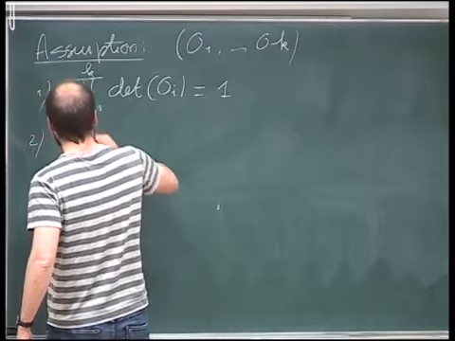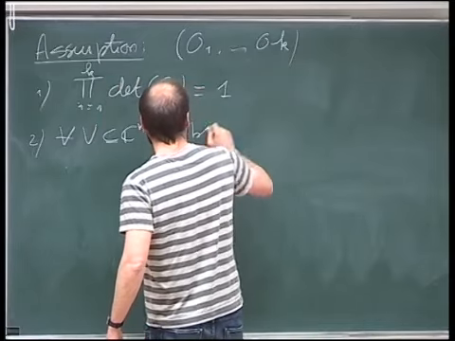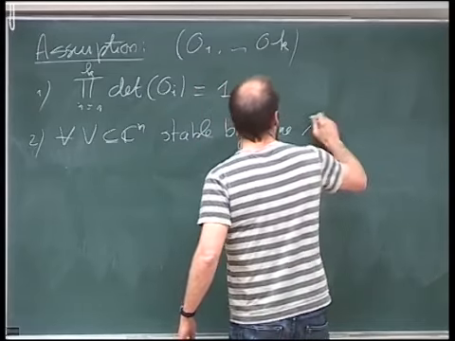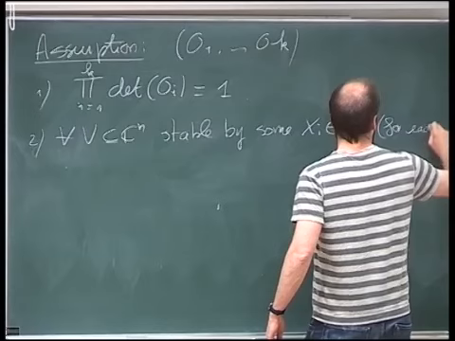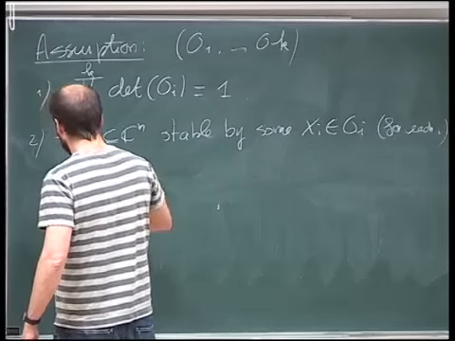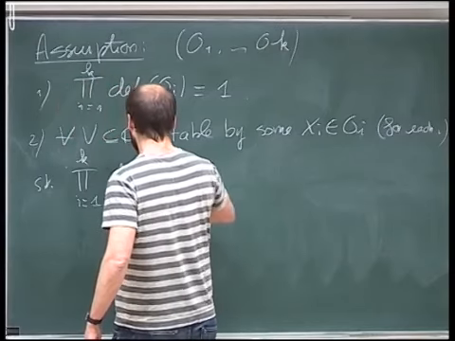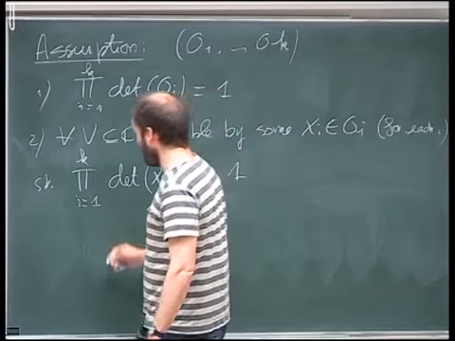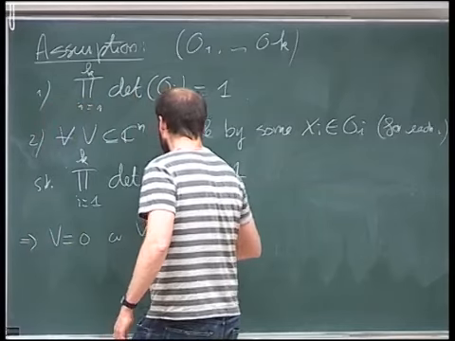For all subspaces V of Cn stable by some xi in Ci, for each i, such that the product from 1 to k of the determinant of the restriction of xi to V is equal to 1, we want V to be 0 or V to be the whole space.